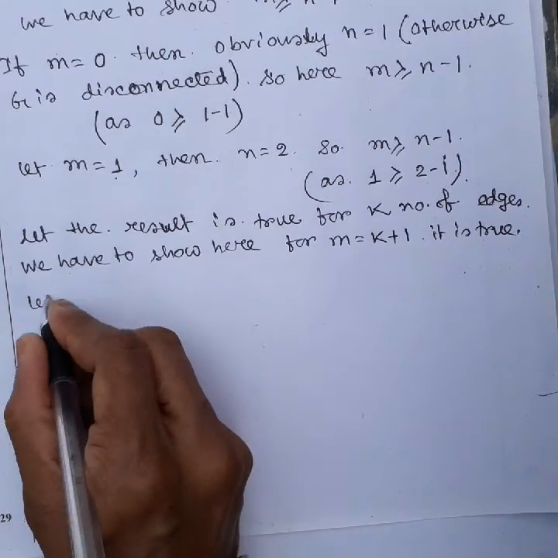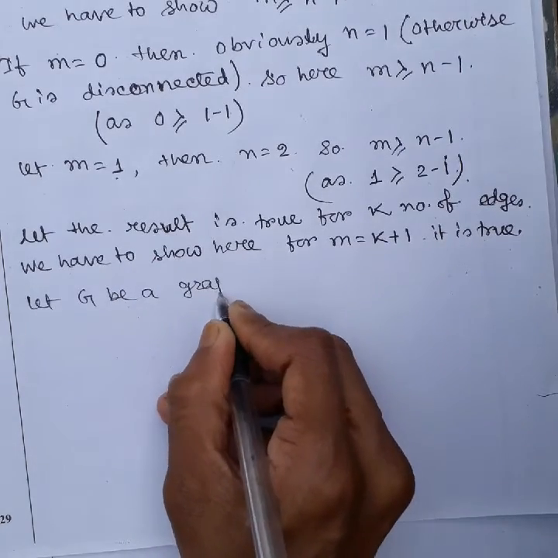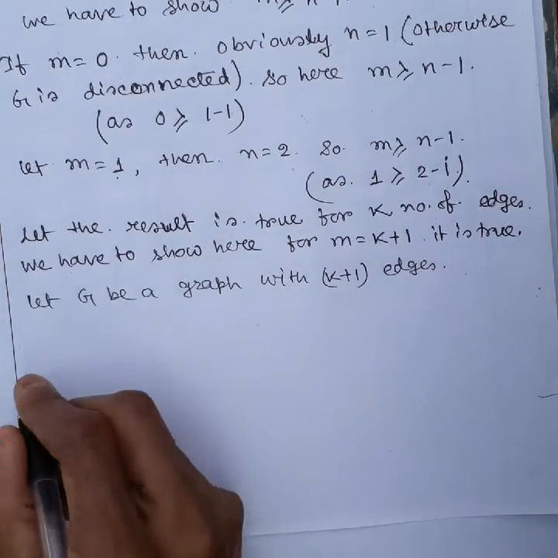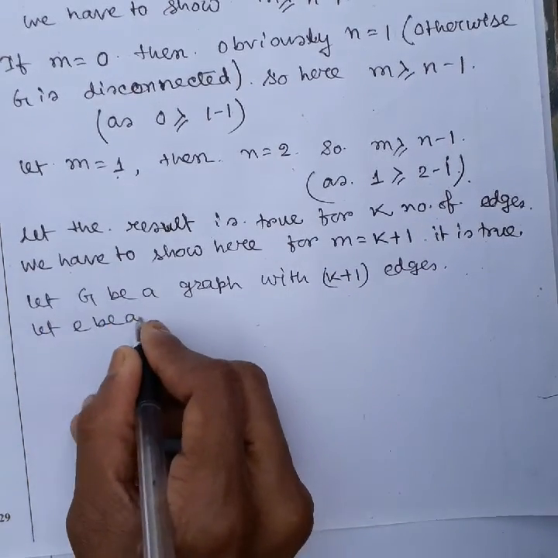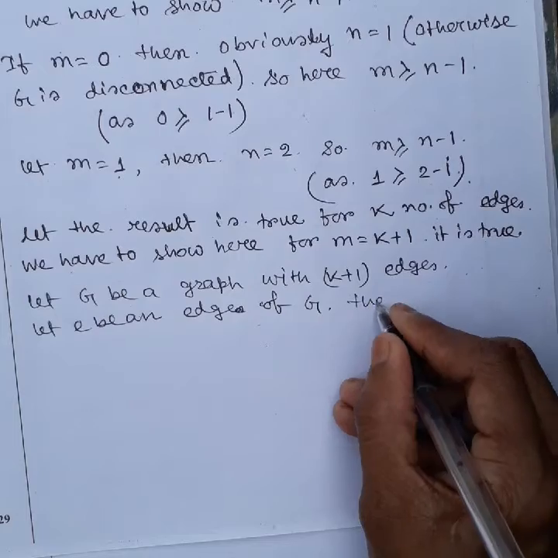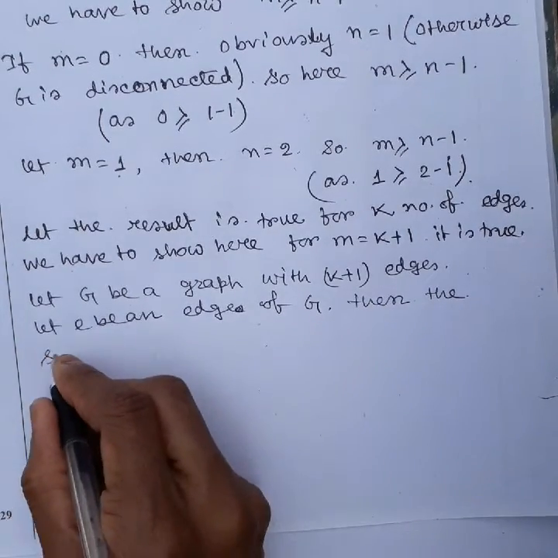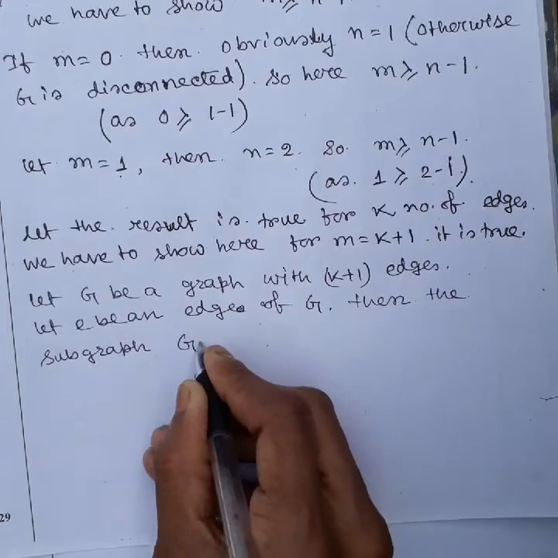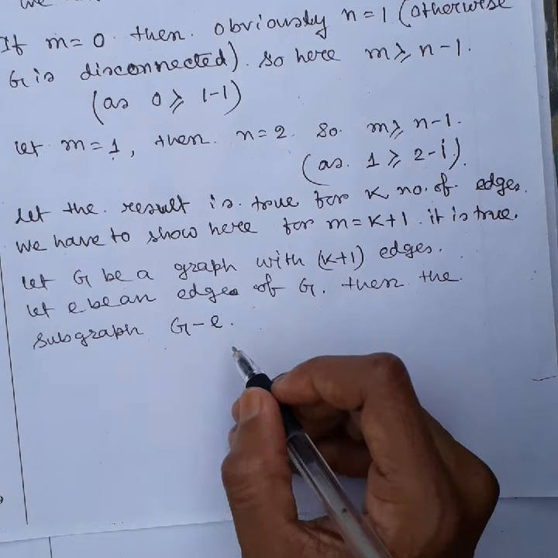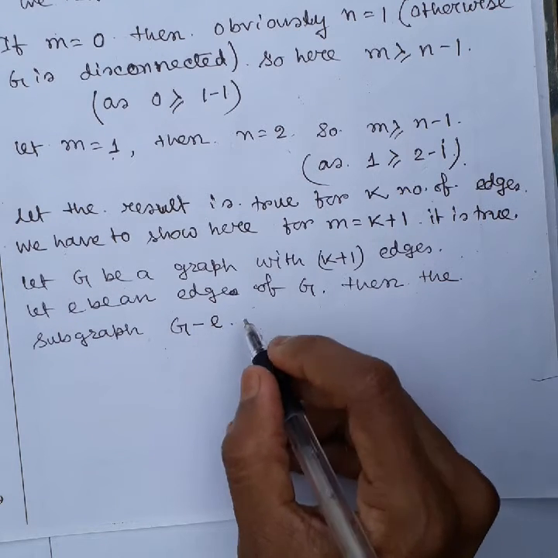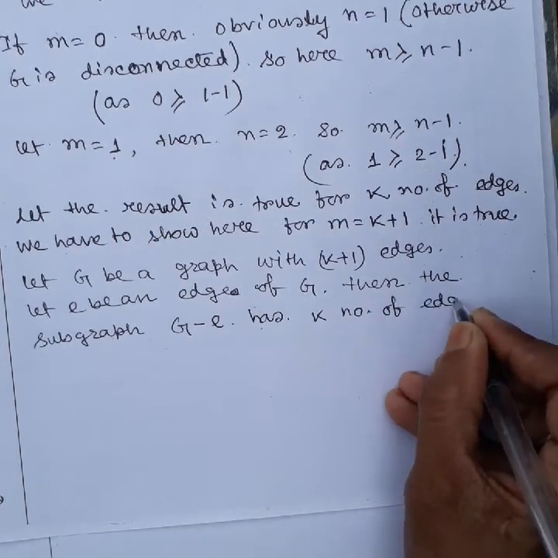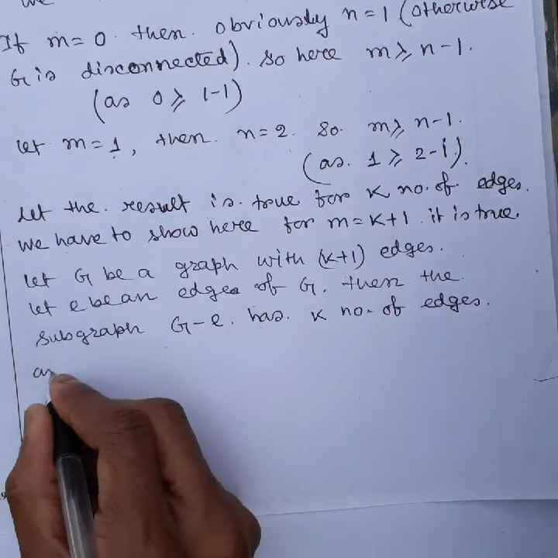Okay, so now let G be a graph with k plus 1 edges, and let E be an edge of G. Then the subgraph G minus E, G minus E means after deleting the edge E we got G minus E. Okay, so G minus E has k number of edges and n number of vertices.